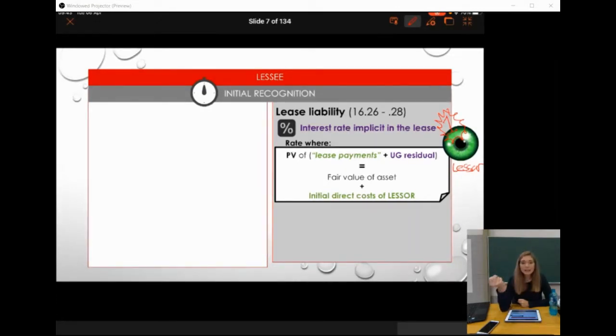So we need some information from the lessor in order to be able to calculate the interest rate implicit in the lease for the lessee. Okay, so that's the problem.